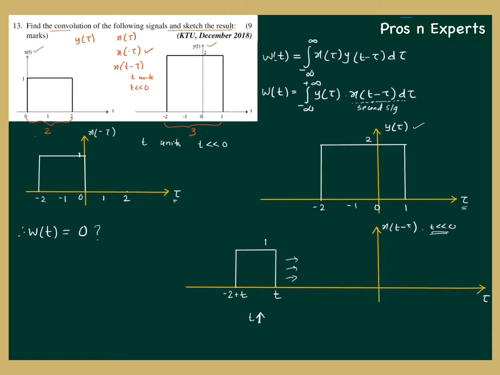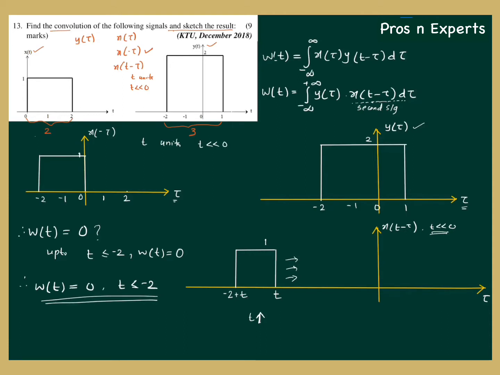The answer is very simple. Up to t less than or equal to -2, the product w of t remains 0. So we can consolidate this as w of t being 0 till t less than or equal to -2. So this is our first condition.